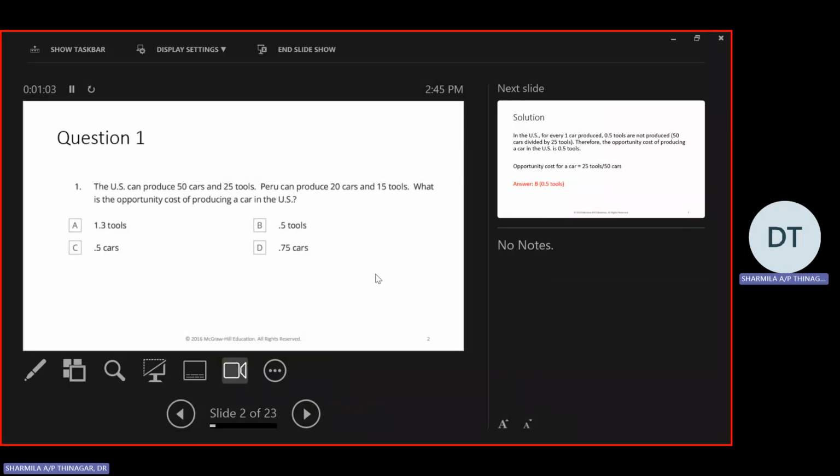You can draw it in a table format: country A, country B, and two products.